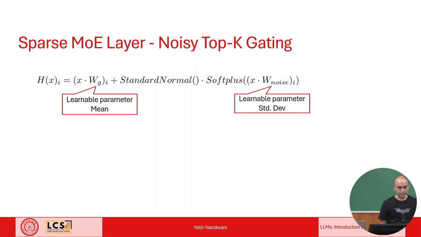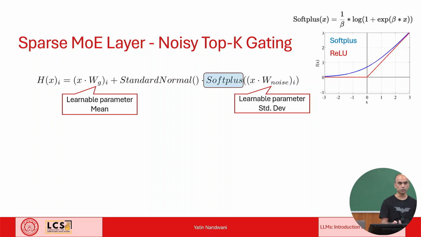So this is a learnable parameter which we had earlier as well, and they introduce another learnable parameter to control the amount of noise, which is W noise here, and this is kind of predicting the standard deviation in some sense. The standard deviation has to be always positive, therefore we pass it through a softplus activation, which is nothing but a smoother version of ReLU. So this ensures that the standard deviation is always positive.